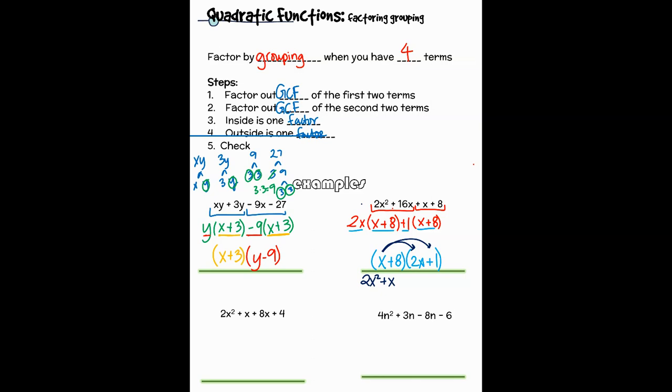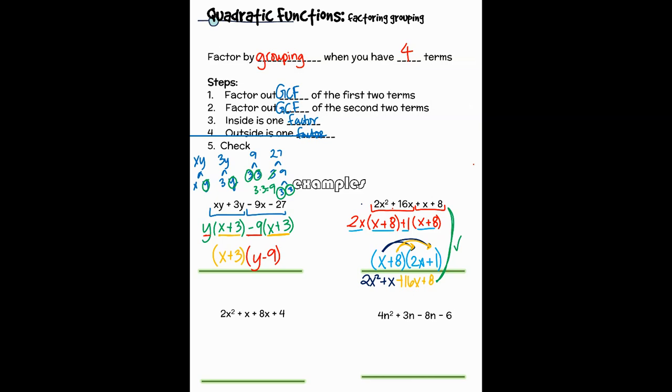Then we've got to distribute this 8 both places. So 8 times 2x is plus 16x. 8 times 1 gives me 8. Is this the same thing? It is. These are our factors.